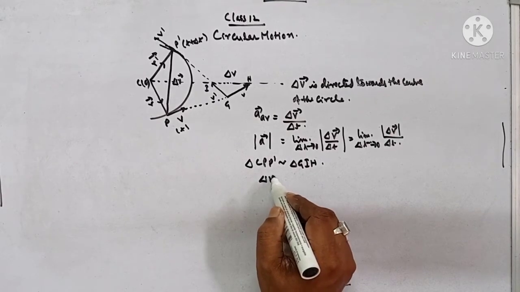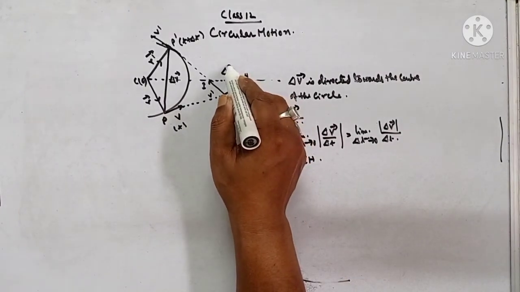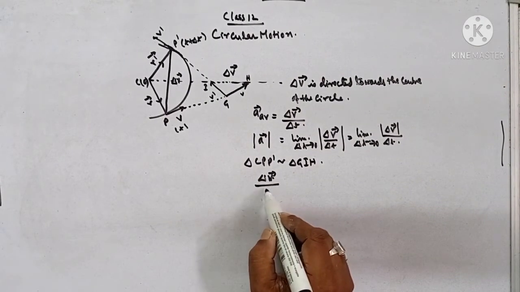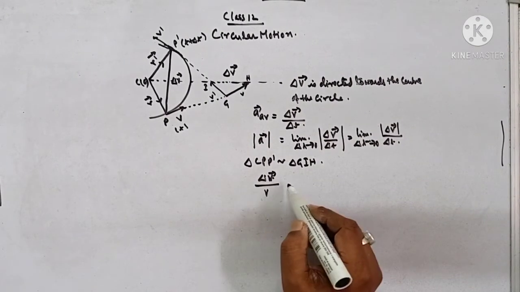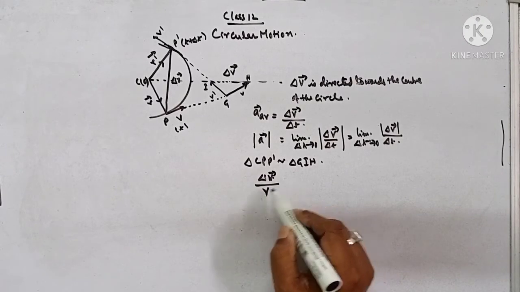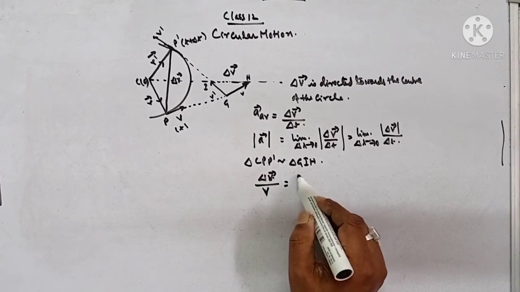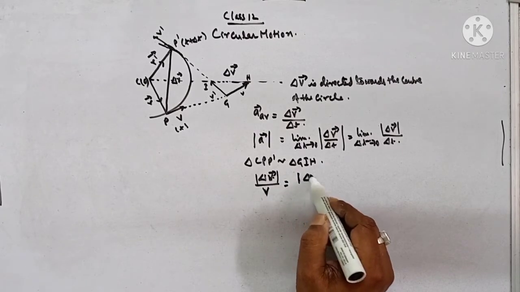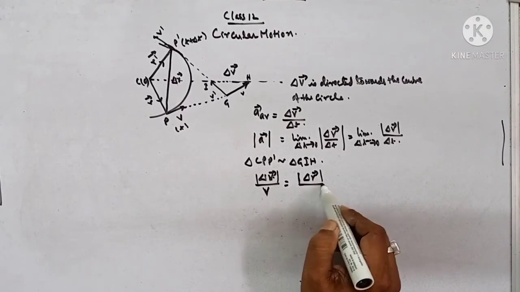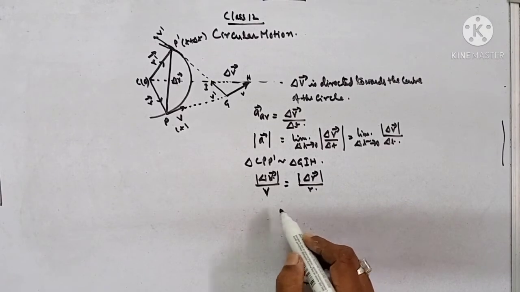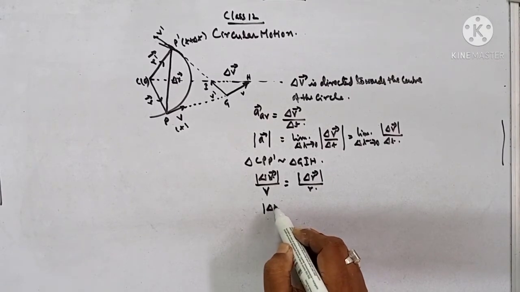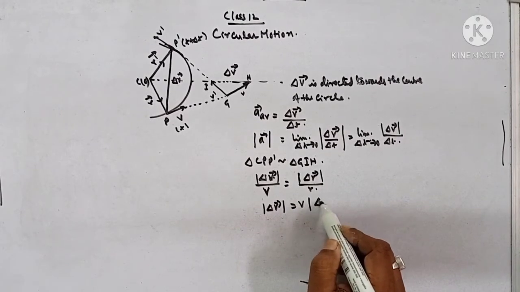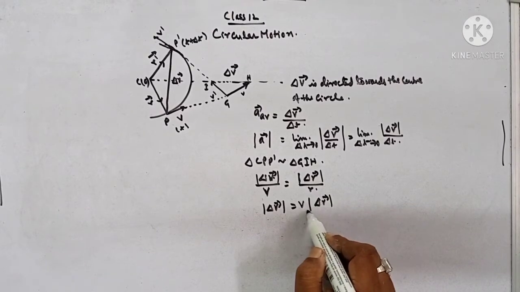Delta v by v will be equal to delta r by r. So your delta v will be equal to v delta r by r.